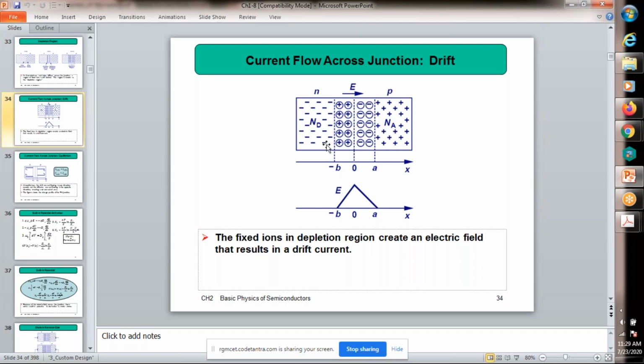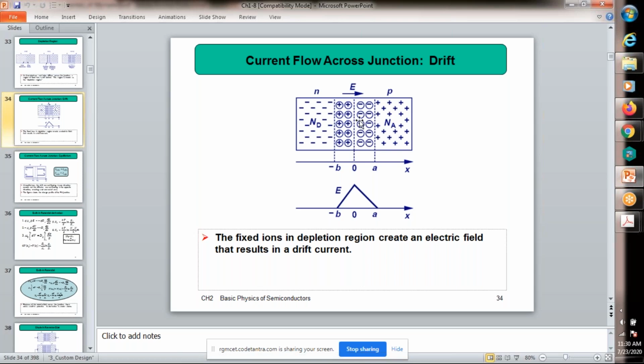How much voltage will stop the diffusion current? That voltage is 0.768 volt. Whenever 0.768 volt is developed at the junction, then diffusion current will stop. That indicates that at that point drift current is equal to diffusion current.